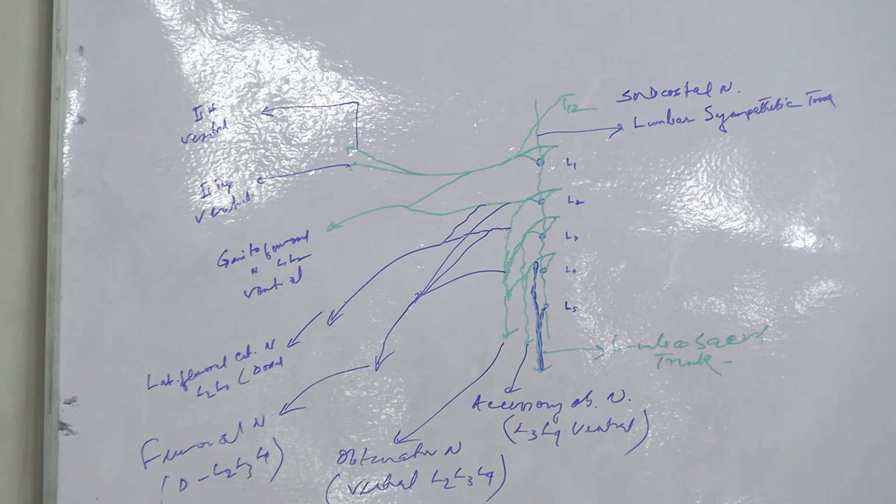The grey rami give the preganglionic motor fibers and some viscerosensory fibers, whereas the white rami give rise to the postganglionic viscerosensory as well as the motor fibers to the blood vessels, piloerector muscles, and the pseudomotor fibers.